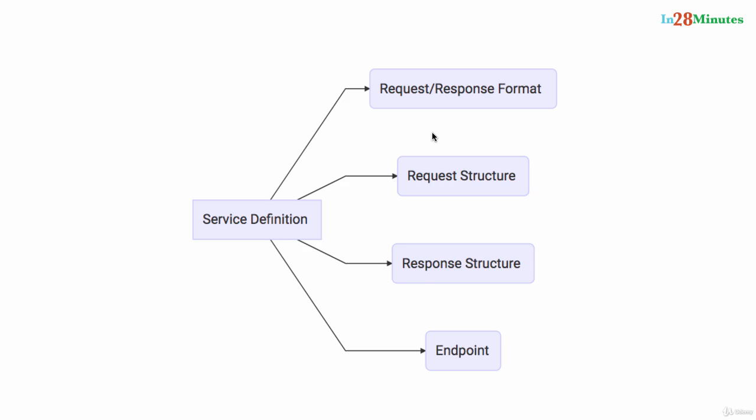What is the structure of the request? What is the structure of the response? And where is the service available? That's the endpoint. Endpoint defines what URL the service is exposed at. How can the service consumer call the service which is exposed by the service provider?